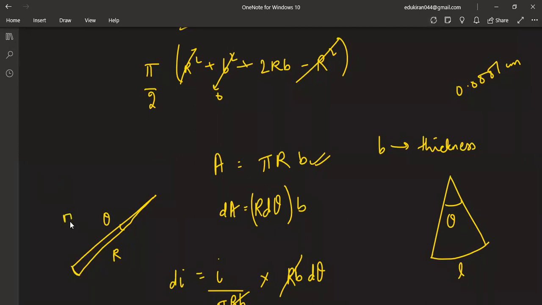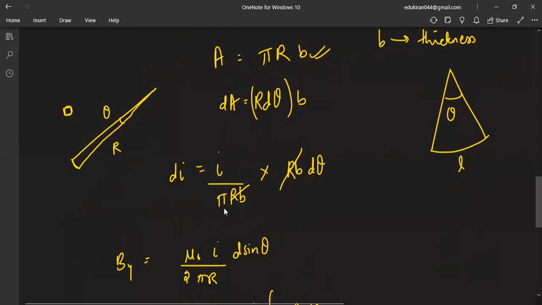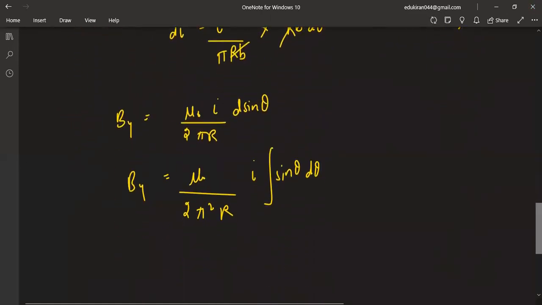Already we have taken that thickness is b. So if you use these equations, current per unit area multiplied by the small unit area, this is for the entire, so dI will be multiplied by dI, right? So this you have it.